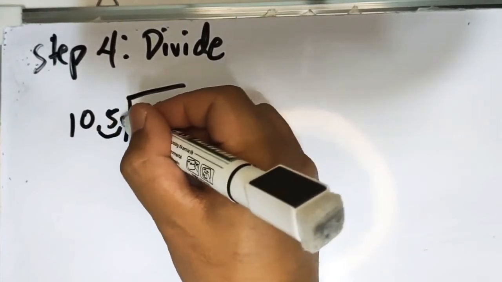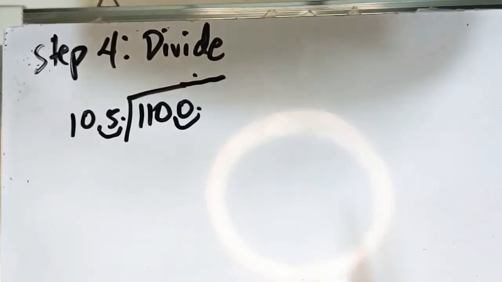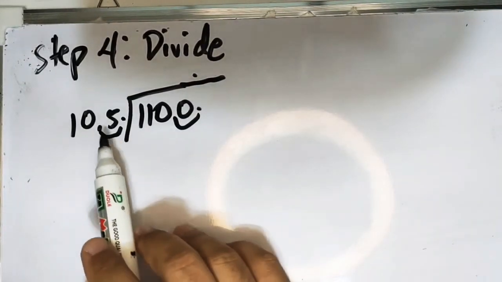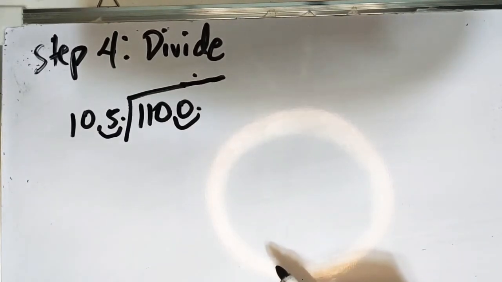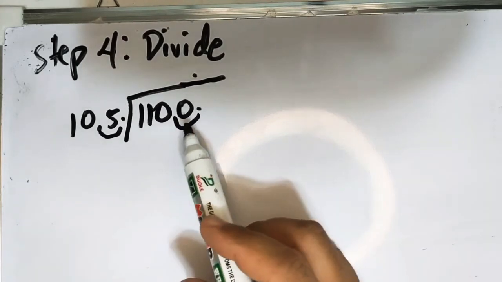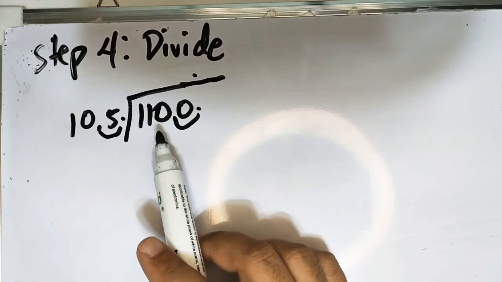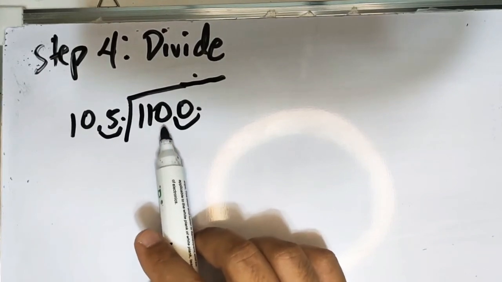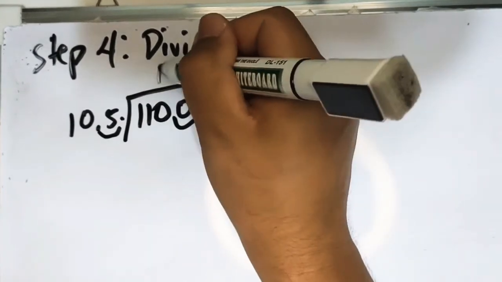So we will move one decimal place. Ayan. So we have now 105 and 1,100. So 1,100, dito muna tayo sa 110. Okay? So 110 divided by 105 is equal to 1.